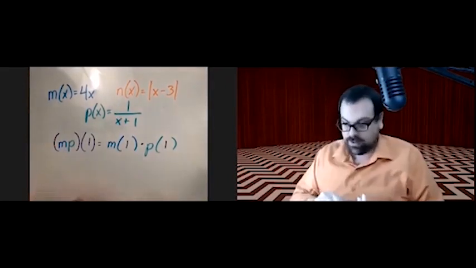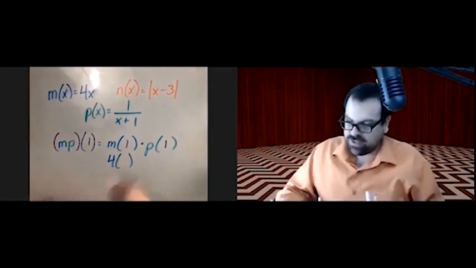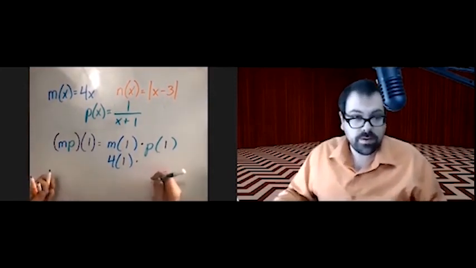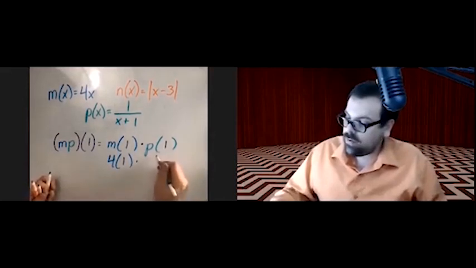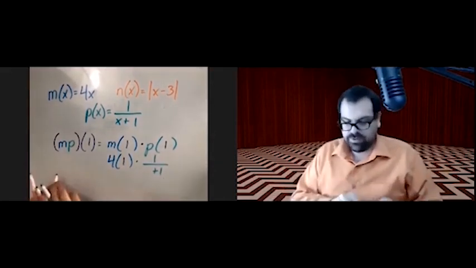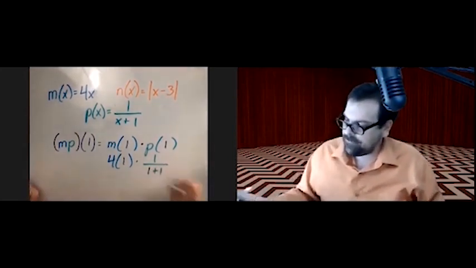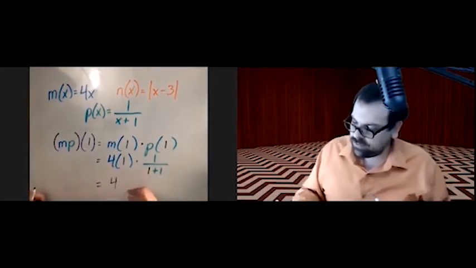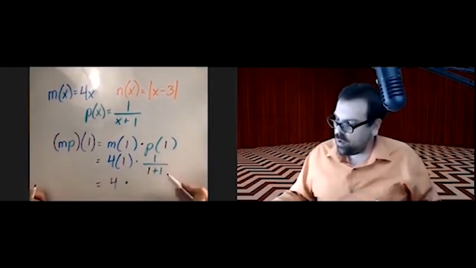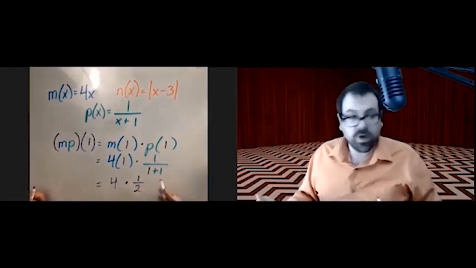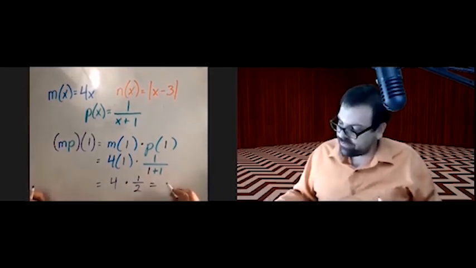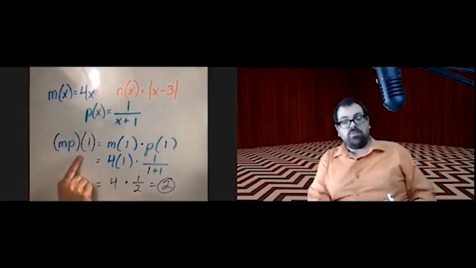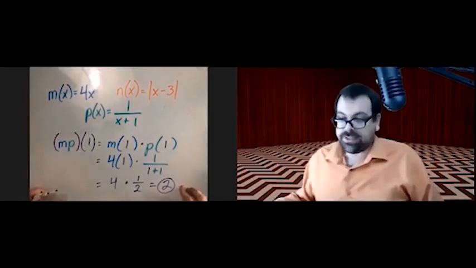M of 1 would be 4 times 1, times p of 1, which would be 1 over x plus 1, where x is 1. 4 times 1 is 4, times 1 over 1 plus 1, which is 1 over 2. 4 times 1/2 is 2. So m times p of 1 is 2.